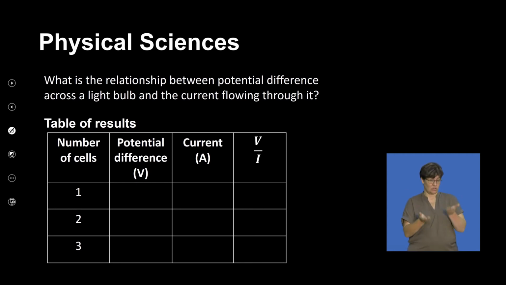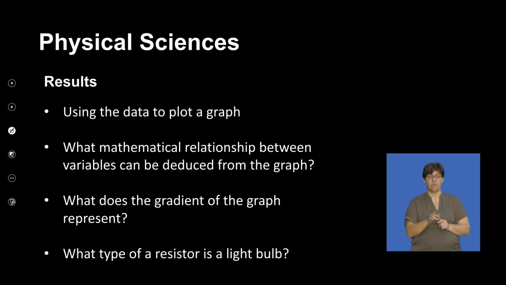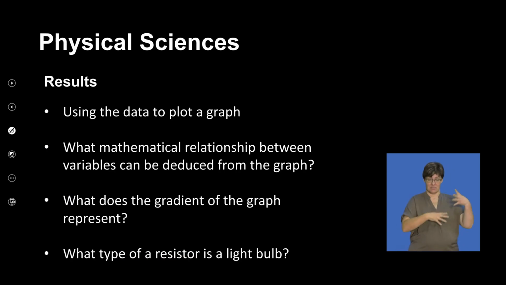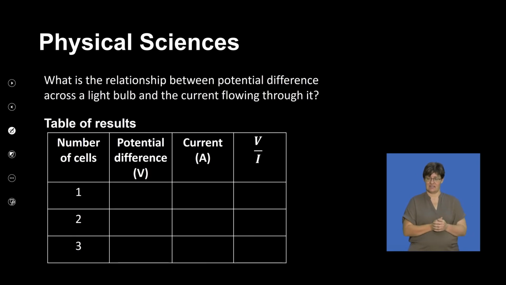Okay, because we want to explore that relationship, let's say the data had already been obtained for us, okay? These are the values. The 1.5 corresponds to 0.75. So if we go back to our table, we're trying to work backwards. 1.5 corresponds to 0.75 amperes, right?